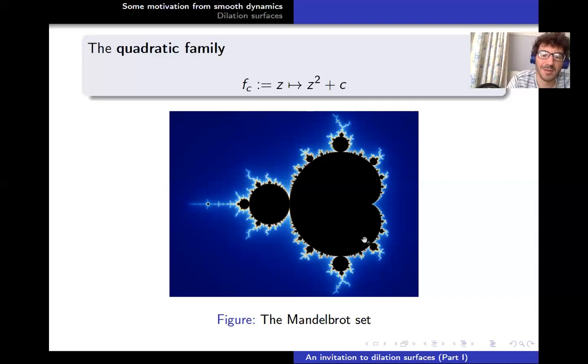Understanding the shape of this Mandelbrot set and understanding what happens when you work with this family has sparked a lot of very nice work that spans several decades, and to this day this Mandelbrot set is not fully understood, in the sense that people can't really tell what happens in some very deep areas of this set.